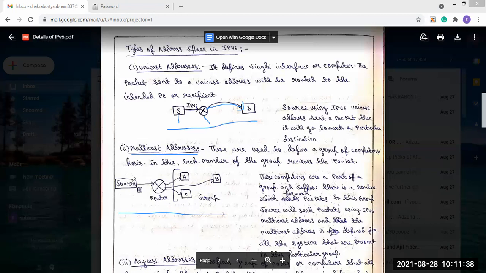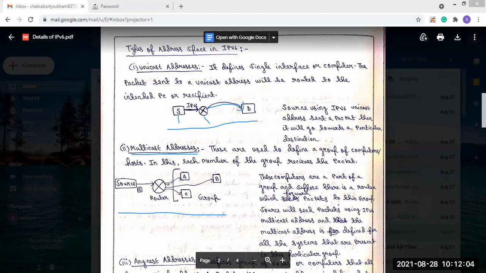Let's say the source is sending a packet using the IPv6 multicast address. The packet will be transmitted to the router first. Now what will the router do? It will send it to all the systems that are present in this particular group.